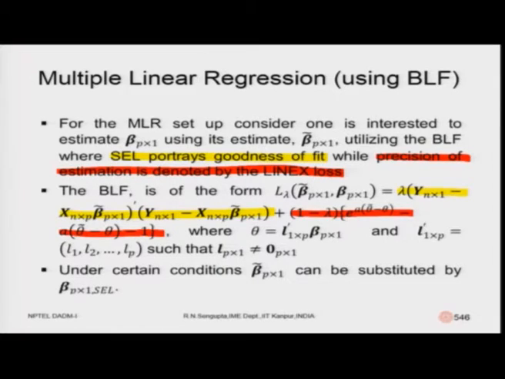So, under certain conditions you can basically replace beta tilde, which is the estimate which you are utilizing for beta, with the squared error estimate. Squared error estimate is basically the beta hat which you have used. So, you replace that and you can do the calculations accordingly.